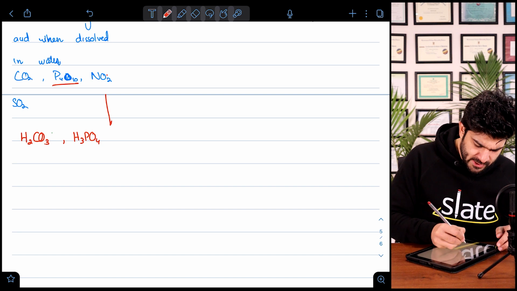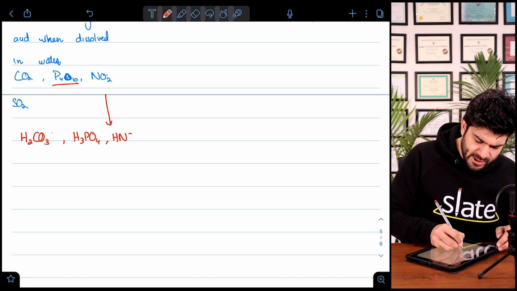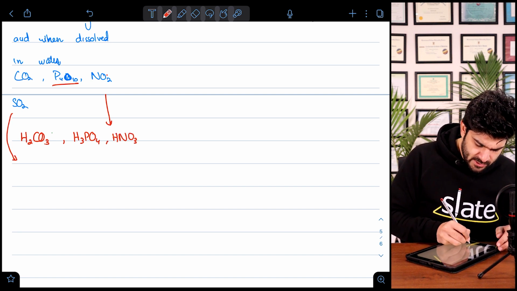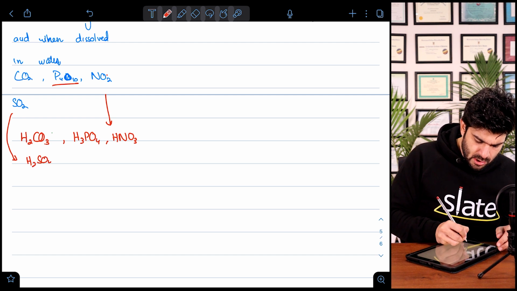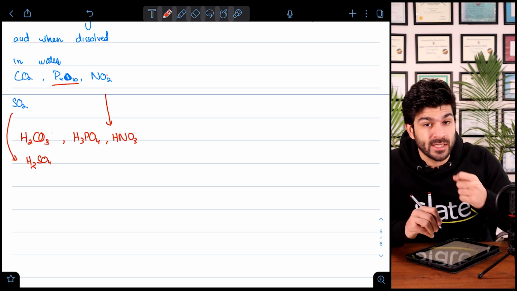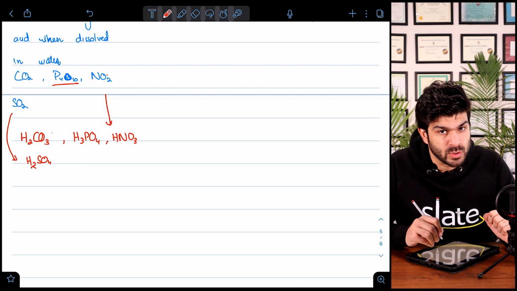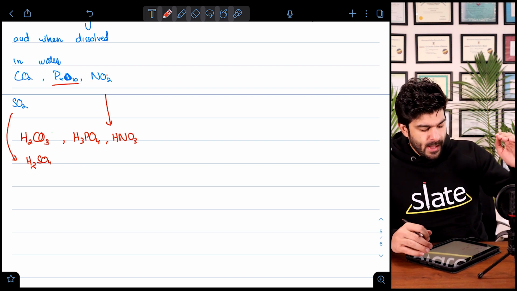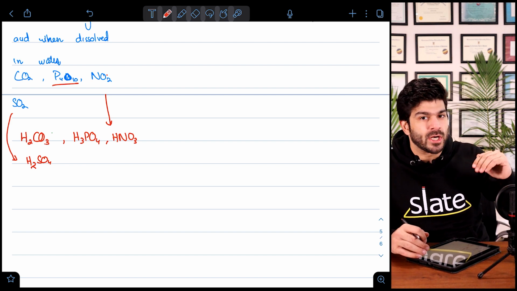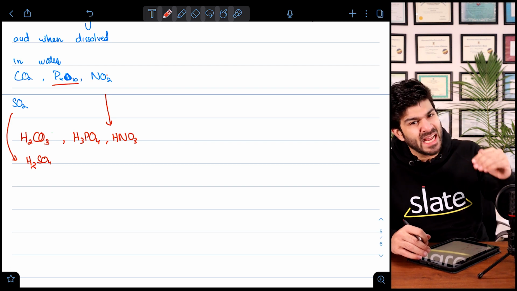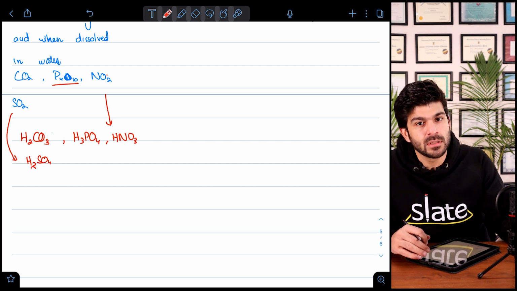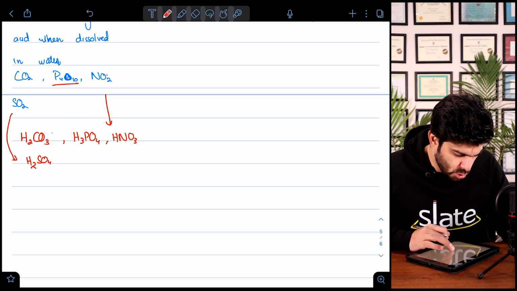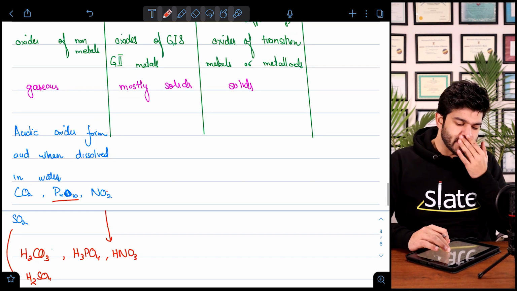From here we get nitric acid. From here we get sulfuric acid that you will be studying in contact process as well. So as you have seen, all these acidic oxides in water give acid, and when this acid reacts with alkali, it forms salt and water. So that is what you need to know about acidic oxides.